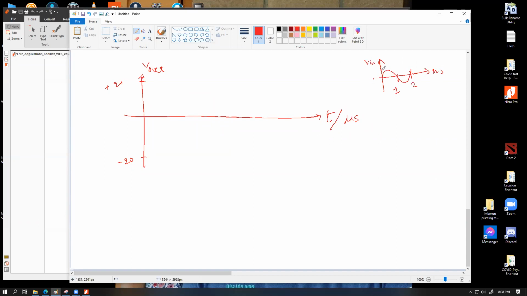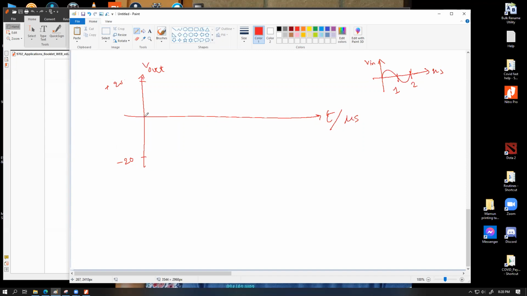I'm not giving values over here because I'm considering an ideal op amp, which means it's going to be saturated at 20 volt, or it's at least going to try to become saturated at 20 volts. So if the input has a variation like this, which has a time period of 2 microseconds, we're having one cycle in 1 microsecond, it means this op amp is capable of showing 10 volt of variation in 1 microsecond. So this is what's going to happen.